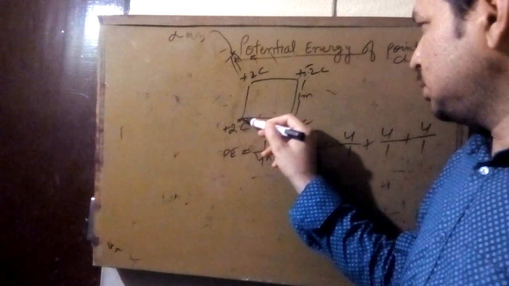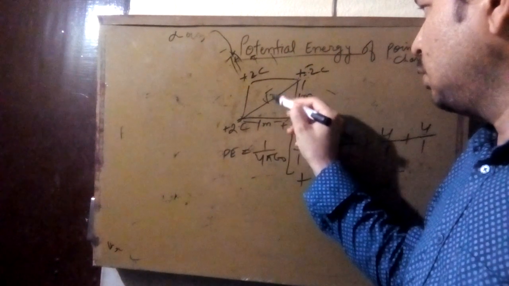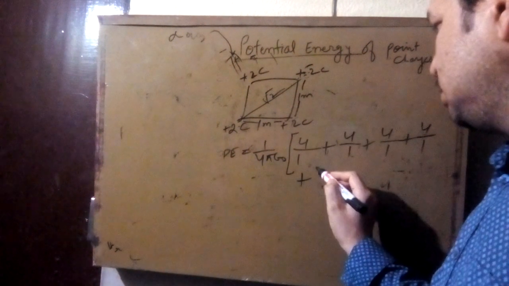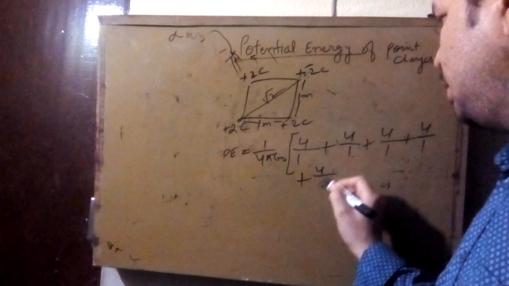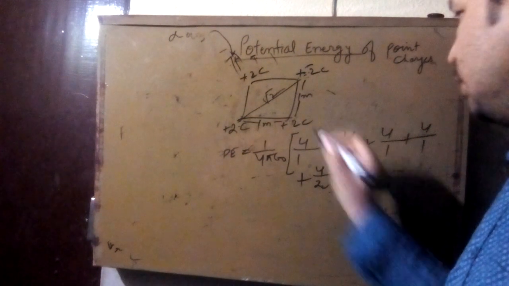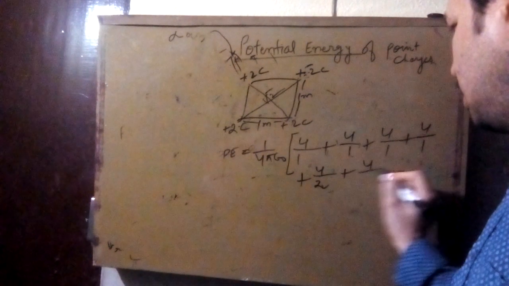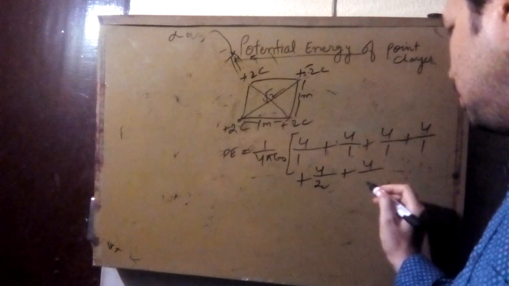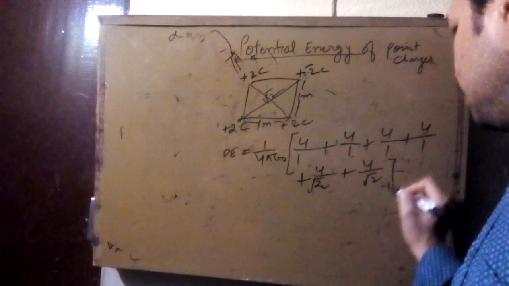Now diagonally opposite, what is the distance? This is 1, this is 1, this is root 2. So the product of these two charges is 4 and the distance is root 2 meter.